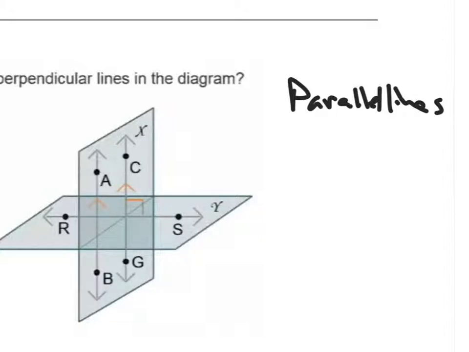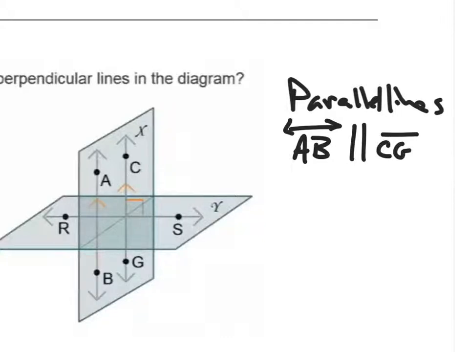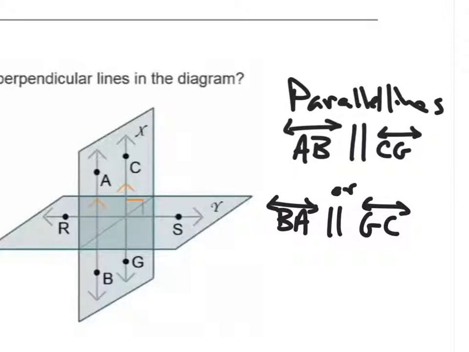So I can say that lines AB is parallel to CG. Or I could say lines BA parallel to GC. Either way, it doesn't matter.